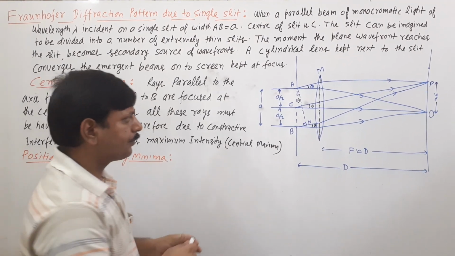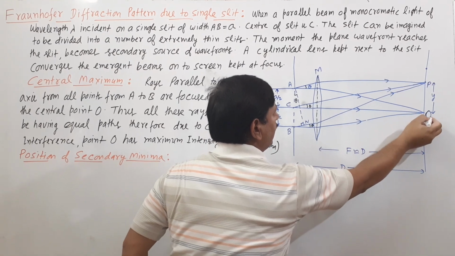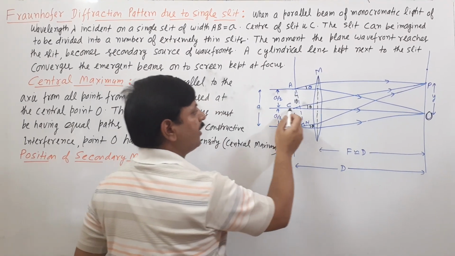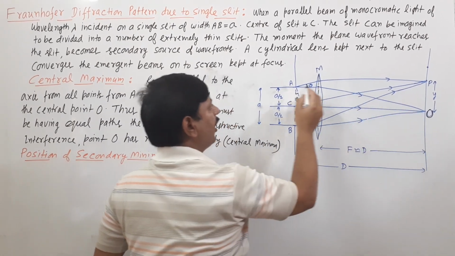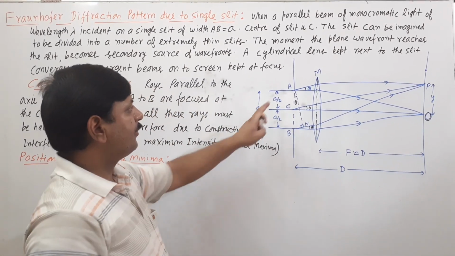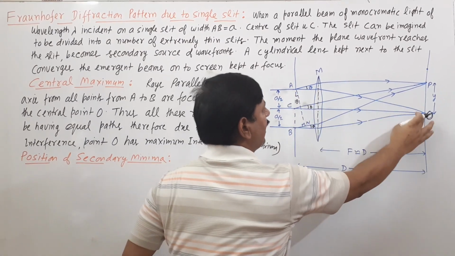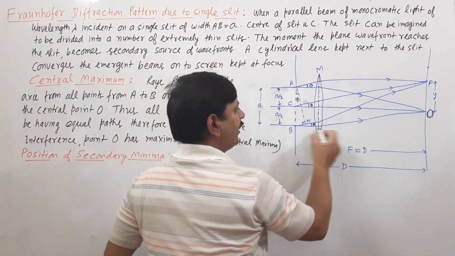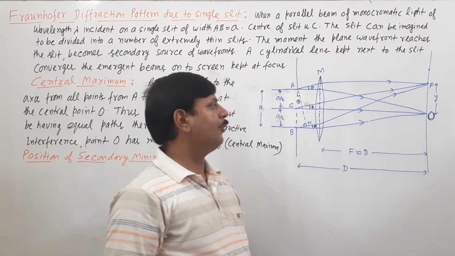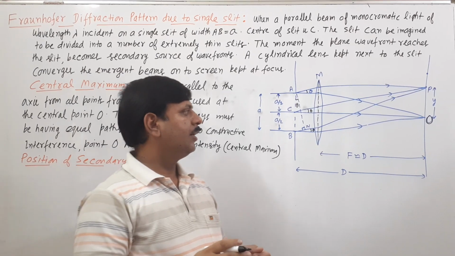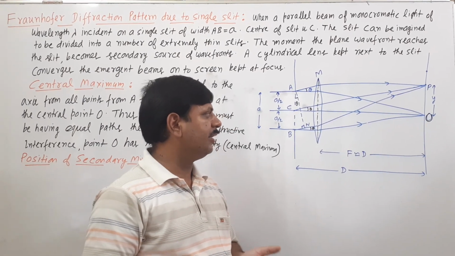See here in the figure, I have taken a point O at the center, in front of the slit. At this point, all waves coming from A to B have the same path length. That's why the path difference becomes 0. If the path difference is 0, then point O behaves like a central maximum, a maximum intensity point.